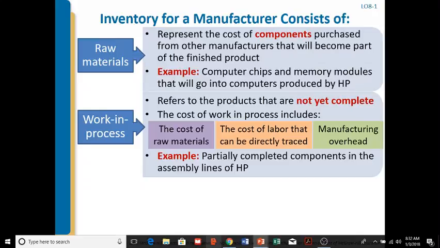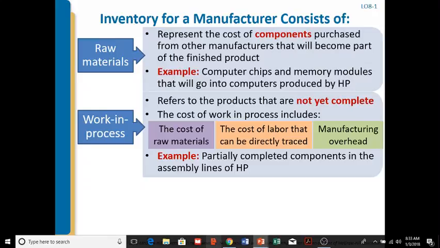Work in process refers to the products that are not yet complete, but have begun the process towards completion. It includes the cost of raw materials, it includes the cost of direct labor, and this thing called manufacturing overhead that we discuss heavily in both managerial accounting as well as cost accounting.